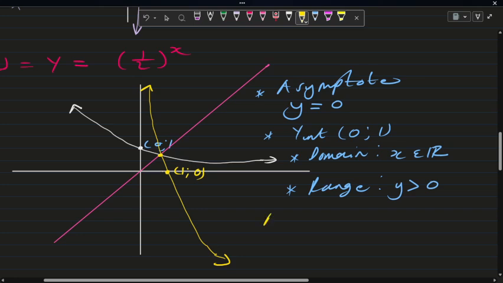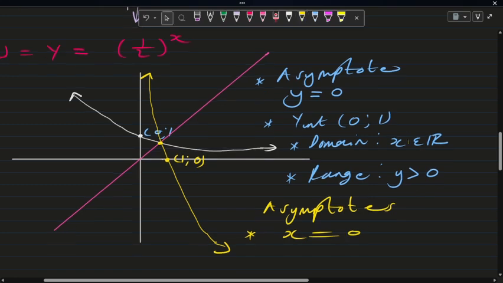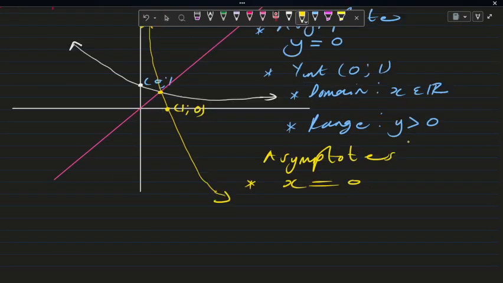Now for the yellow graph, the asymptote changes. Instead of y is equal to 0, it is x is equal to 0. Why? Because to obtain the inverse, remember, we had to interchange or swap x and y.